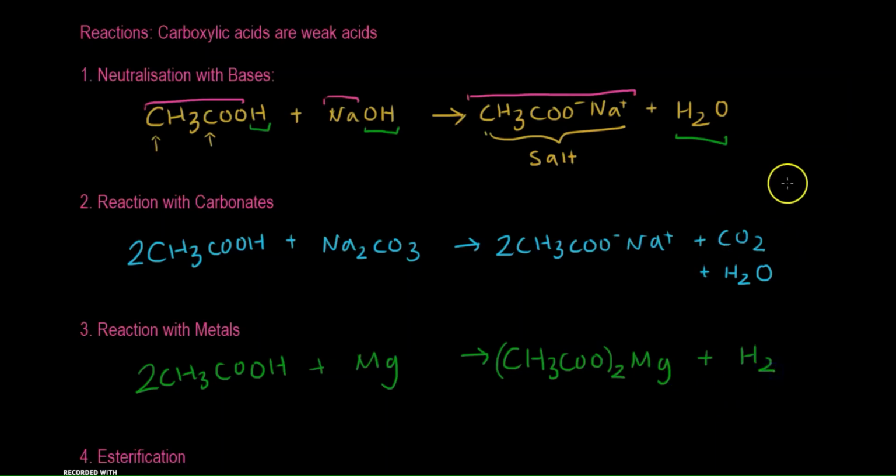So this one you have to memorize. With base, you get salt and water. With carbonate, salt and water and carbon dioxide. With metal, salt and hydrogen gas. So this is really just memory work. There's nothing much to unpack here. It's really just memory work.